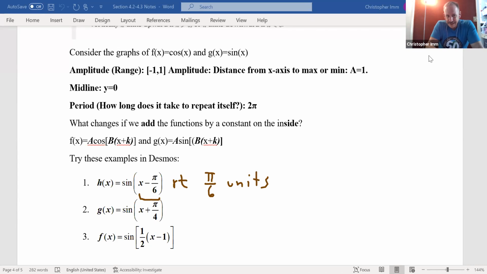If I wanted to get sine of 0, and it was a normal function, I would just plug in 0 for x. But for this function, what would I have to plug in to get sine of 0? I'd have to be all the way to the right, pi over 6, to start that function out, right? So I'd have to move to the right, pi over 6, just to start that out at 0, because pi over 6 minus pi over 6 is 0. That helps me make sense of it.